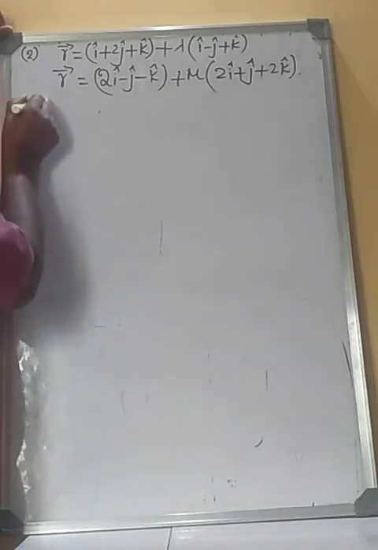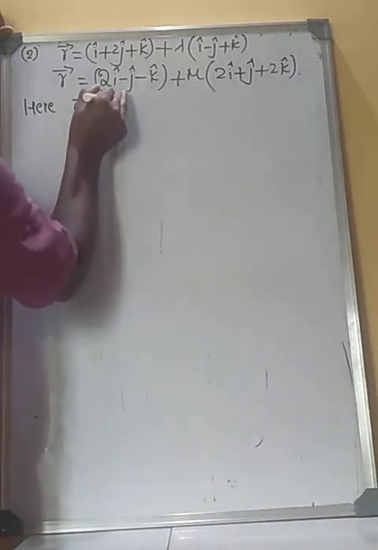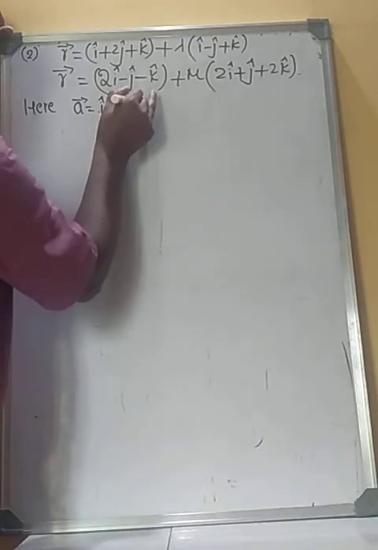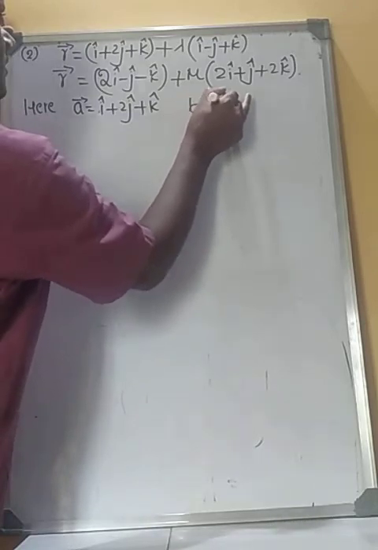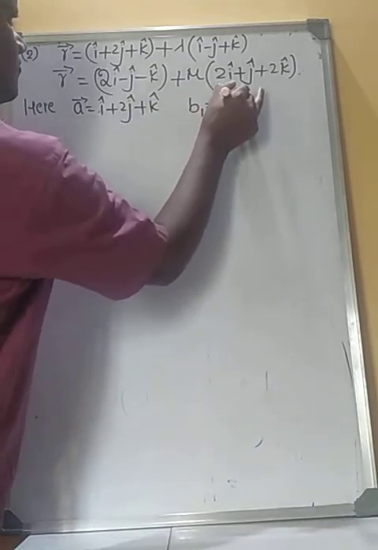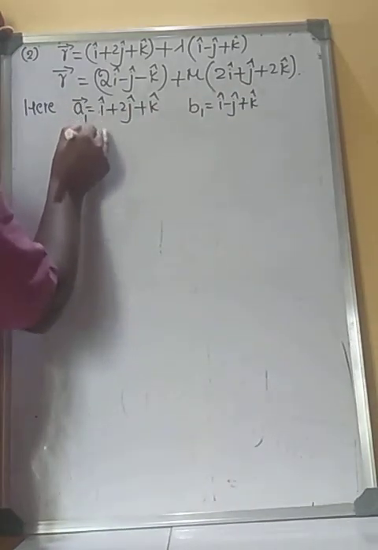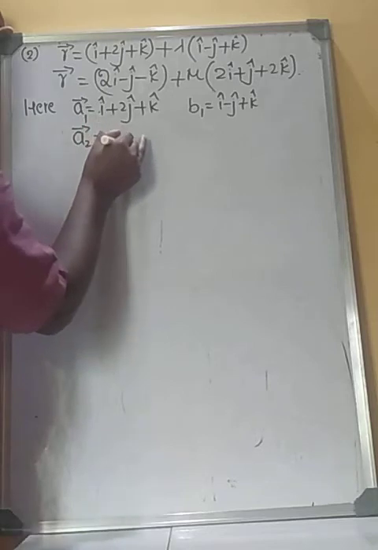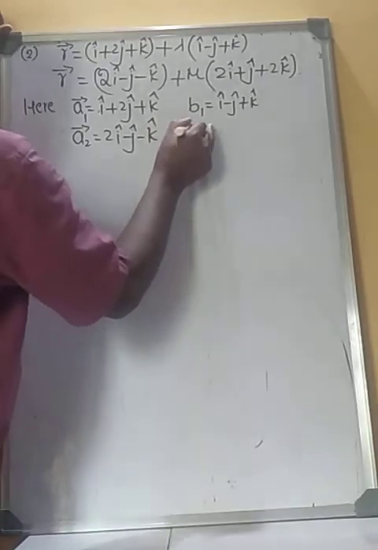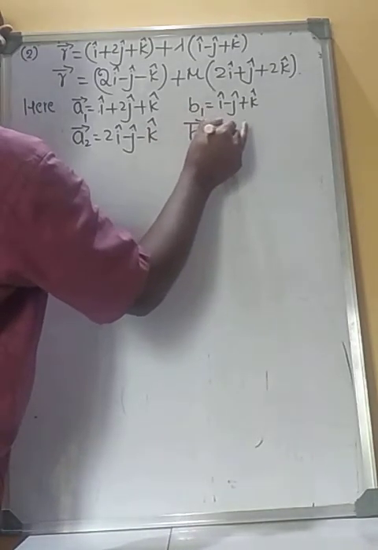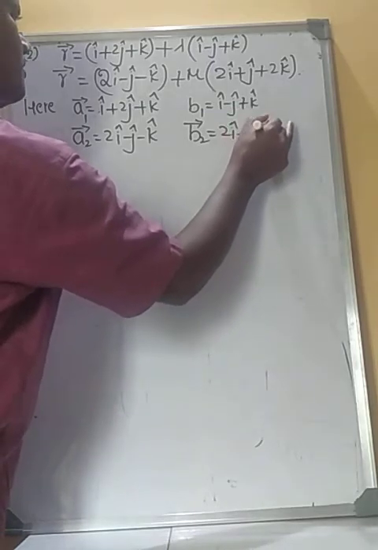Here vector A1 equals i plus 2j plus k, B1 vector is equal to i minus j plus k, A2 vector is equal to 2i minus j minus k, and vector B2 is equal to 2i plus j plus 2k.